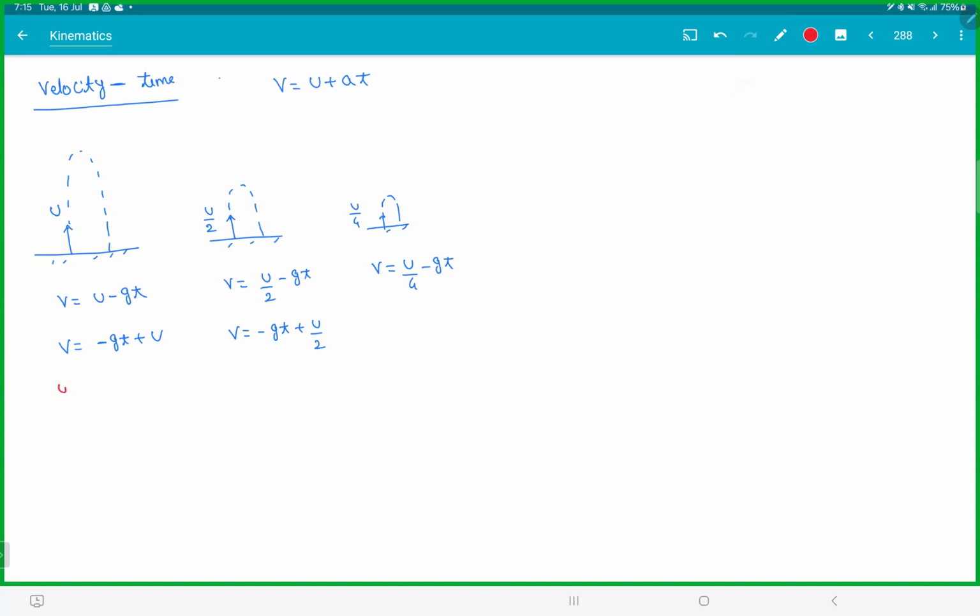These things are nothing but y is equal to mx plus c. Doesn't this look like a straight line? So the first thing is our VT graphs are straight lines. That much you should know. Clear?